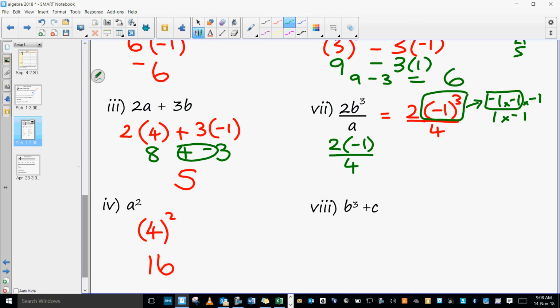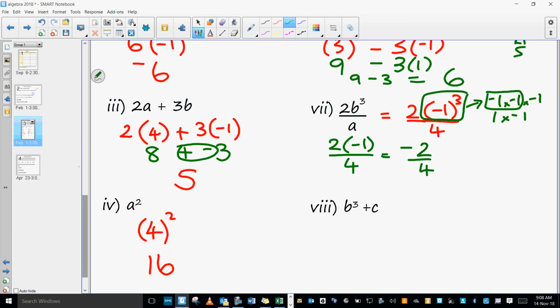So we do 2 multiplied by 1. What's 2 multiplied by 1? 2. And then are the signs the same or different? Different. So if they're different signs, is it going to be positive or negative? Negative. So far, so good?